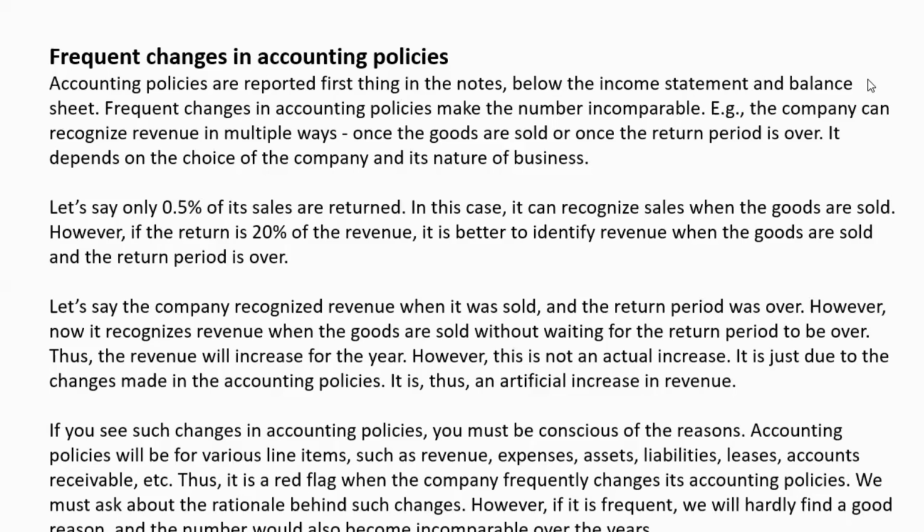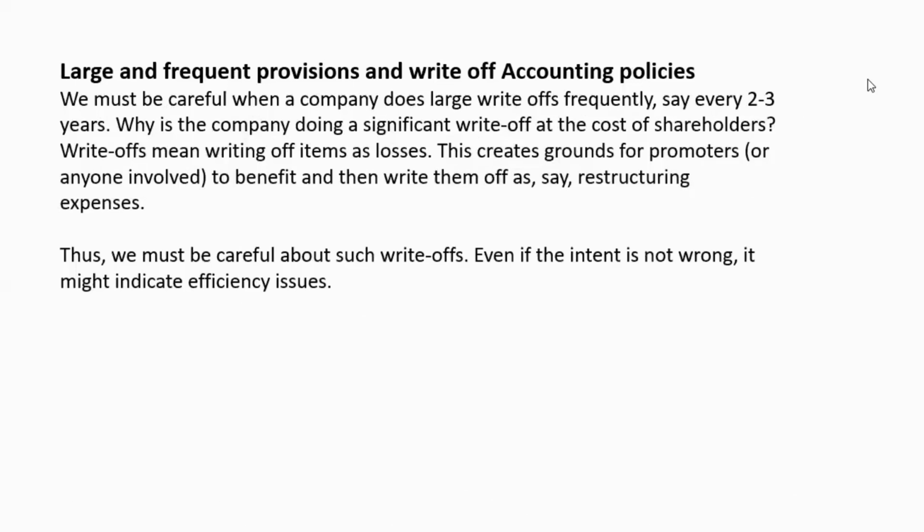So unless we know the reason clearly why there are lots of changes in accounting policies, we should be aware of it. Same case as frequent change in accounting policies.